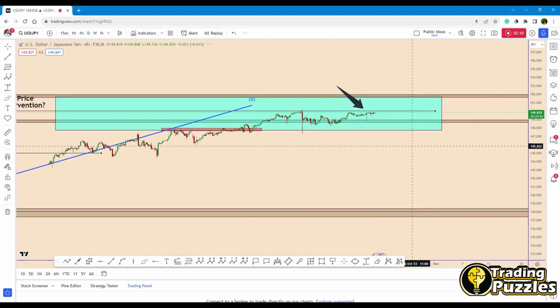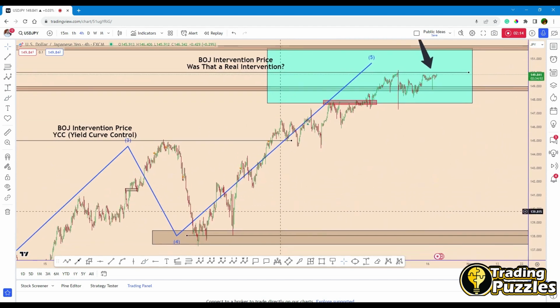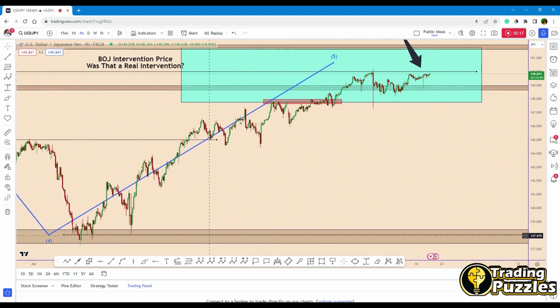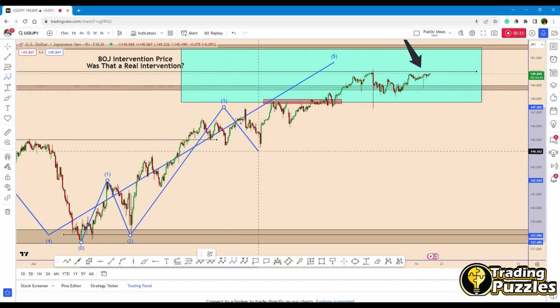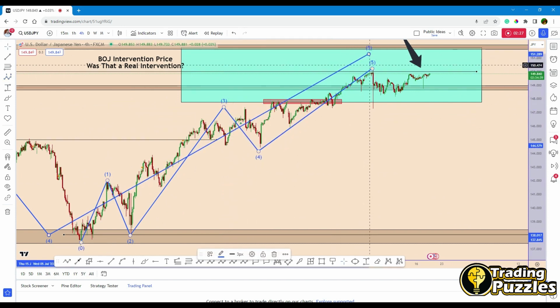Also, on the lower time frame, the chart is showing us that we have another small count on the 4-hour chart. We have something similar here as a possible 5-wave count, a 5th wave of a bigger 5th wave.